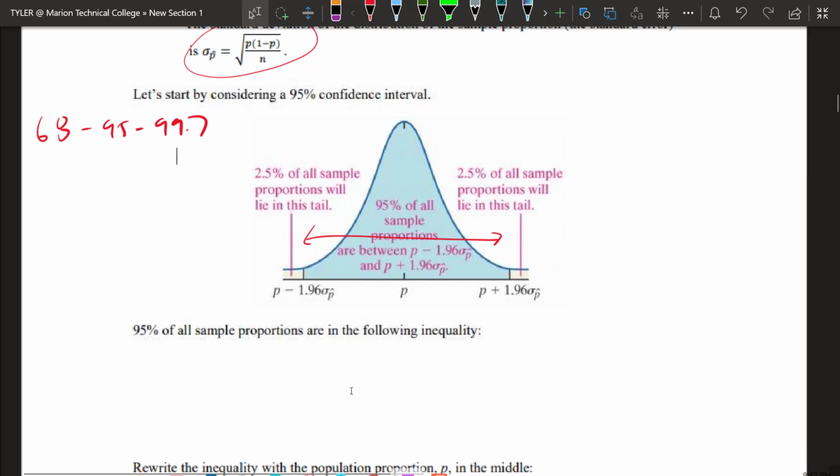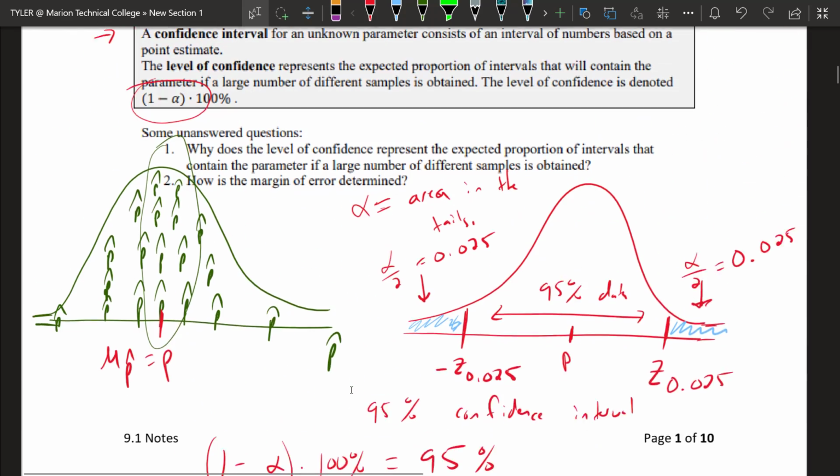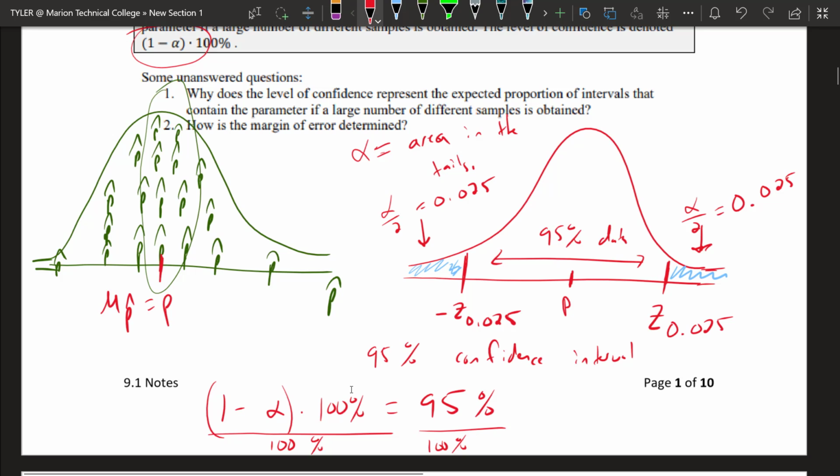So it goes along with my picture up here where I wanted to find this value here, z sub 0.025. Whatever that value is, that's what's called my critical value, which is the number of standard deviations you're away from the mean.